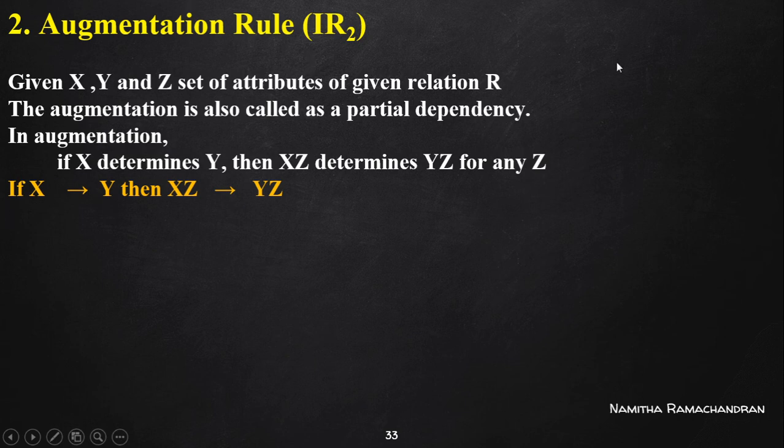Here also consider a relation R, in which consider 3 sets X, Y and Z. The condition is: if X implies Y is a valid functional dependency, then X and Z together derive Y and Z. If X determines Y is a valid functional dependency, then X and Z derives Y and Z is also valid here.